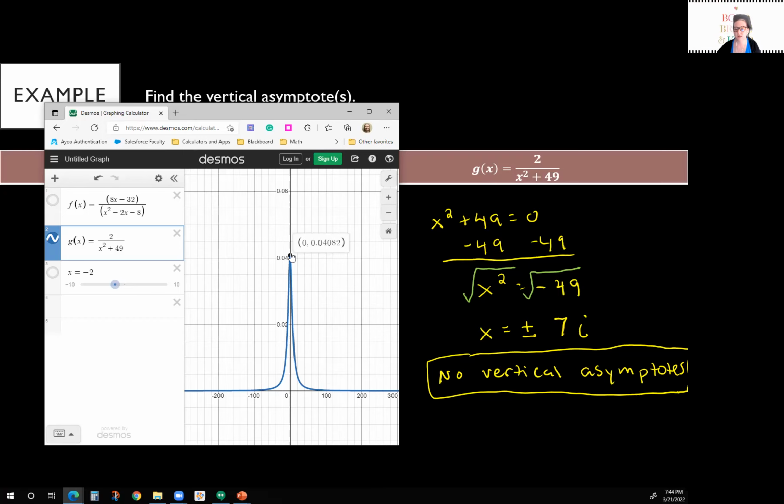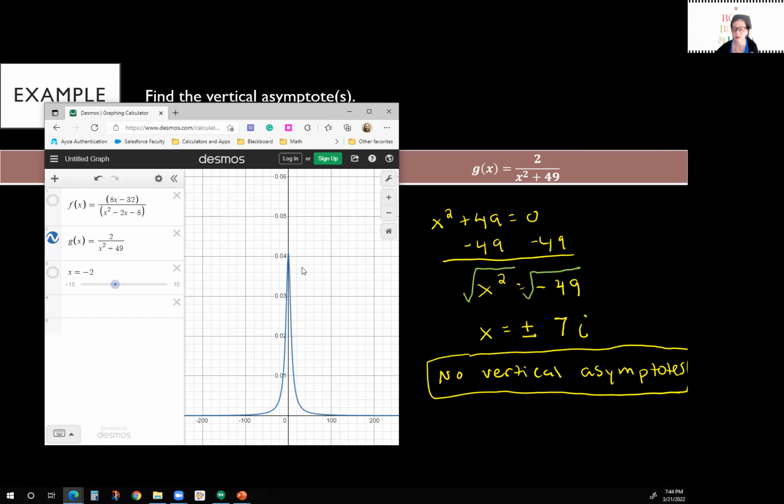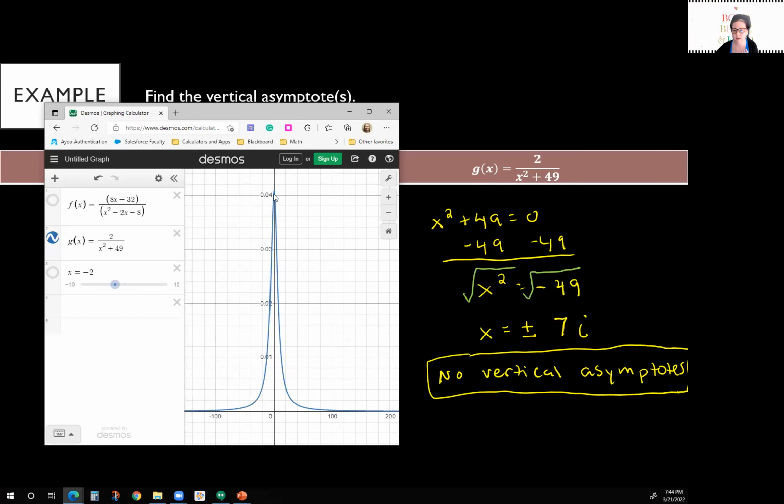It's not, at this point here at x equals 0, going to infinity, going all the way up. It's stopped. And that's why it's not a vertical asymptote, even though it looks like it's becoming vertical. The special part about a vertical asymptote is that it looks like it's going to go on forever. And so this is not. It's going up and then it's coming back down.